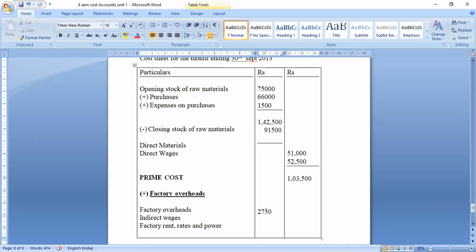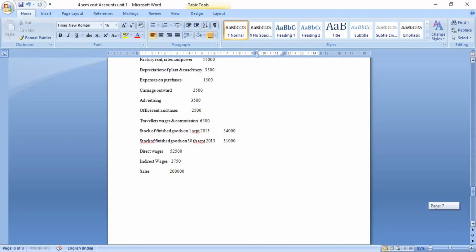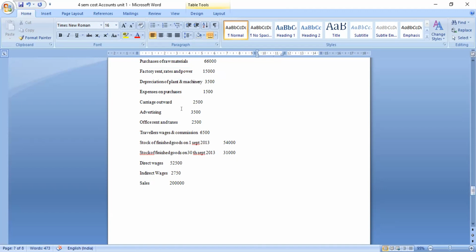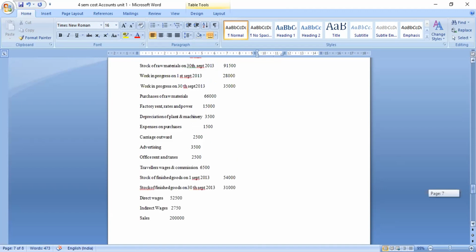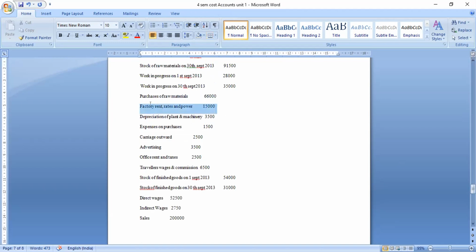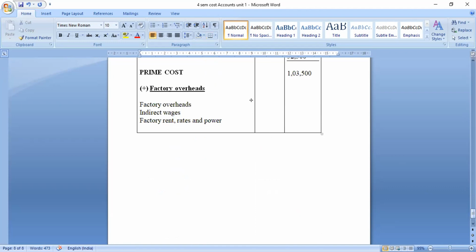Factory overheads. What is factory overheads, let us see. Yes, you have 15,000 here. 15,000 ಇದೆ. Okay, I'll write that here. So 2 things done. One more is there, factory overheads is 15,000. Next, indirect wages.